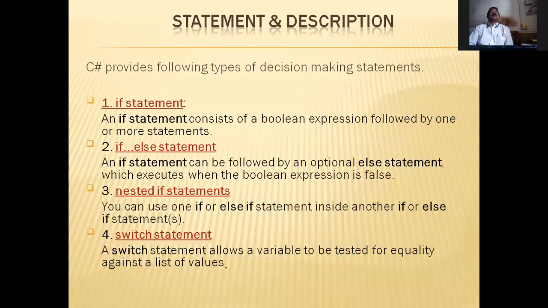Why is this switch statement designed in C and C# language? We know that a switch statement allows a variable to be tested for equality against a list of values. Now when nested if else statements increase, the program size also increases, and if the program size increases, it is very difficult to tackle the program.